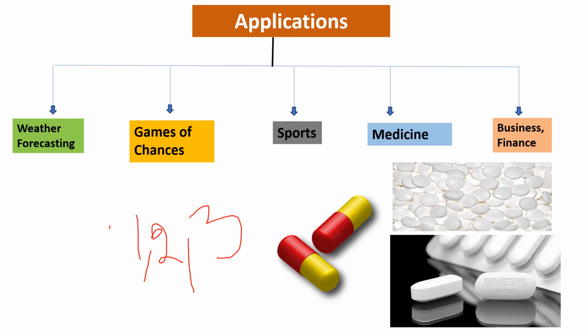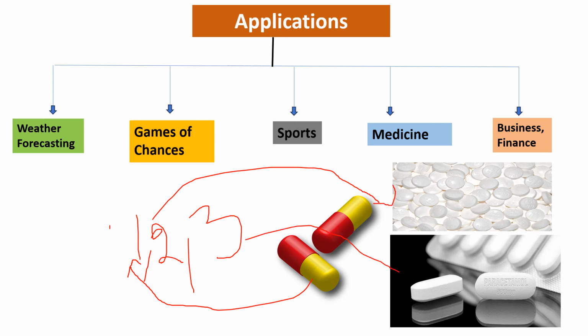There are 3 people who got fever, and one is given the capsule, the second person is given Dolo 650, and the third person is given paracetamol. So which medicine cures in less time? It is like using probability.